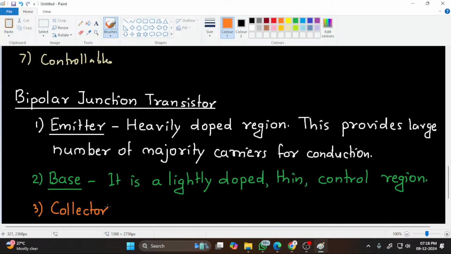And collector is a thick and moderately doped region.